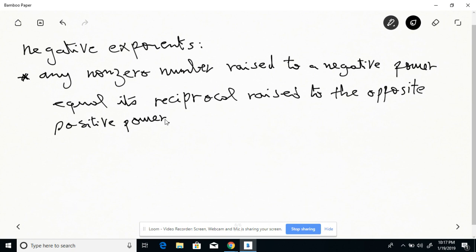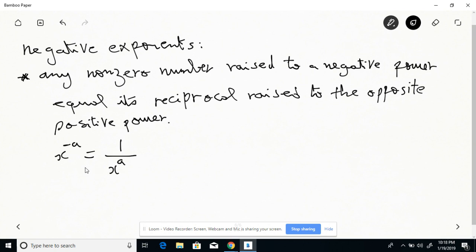Here, I'm going to give an example. We have x to negative a. It's going to be equal to 1 over x to a. Again, always follow the formula.